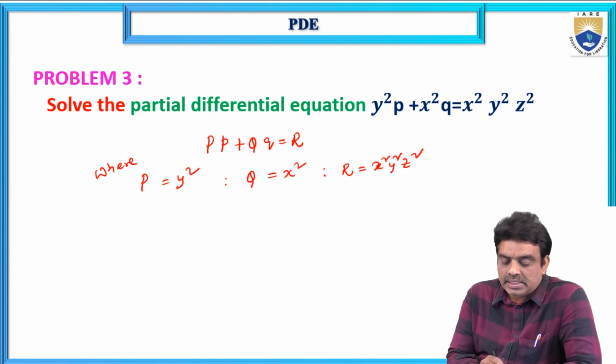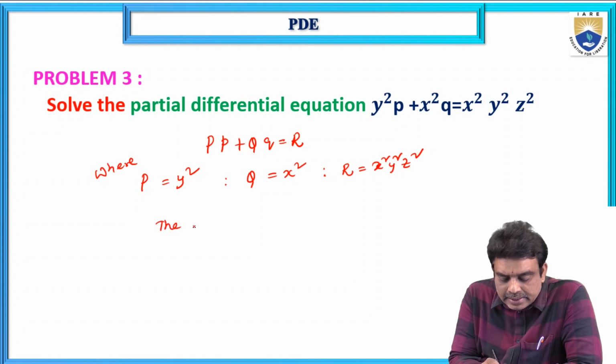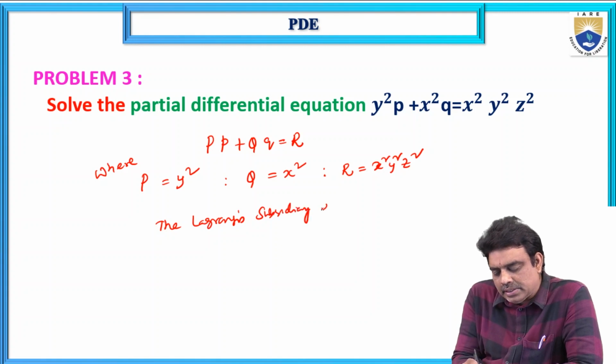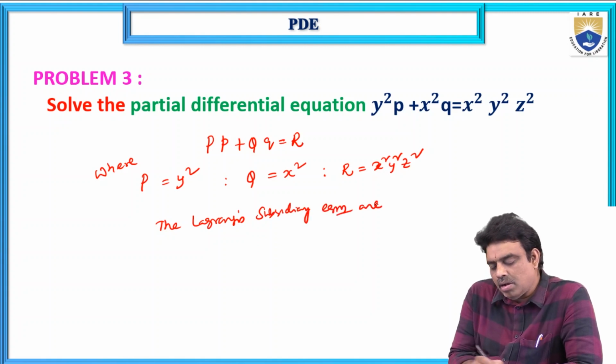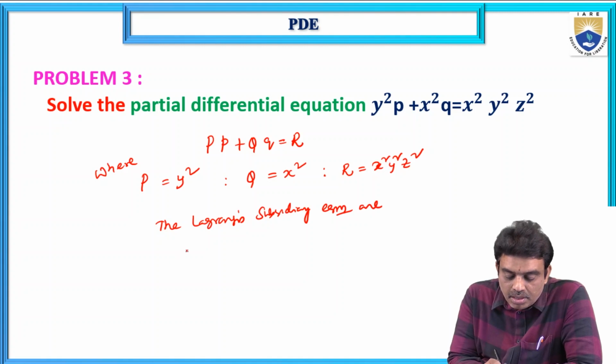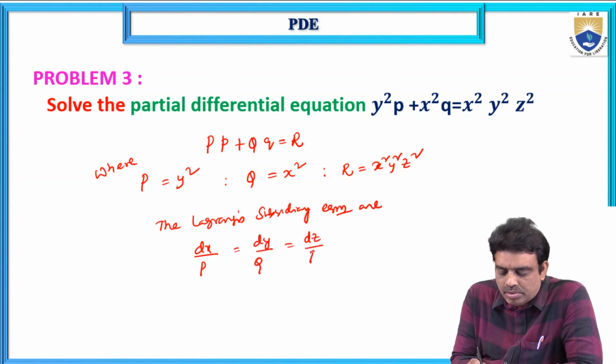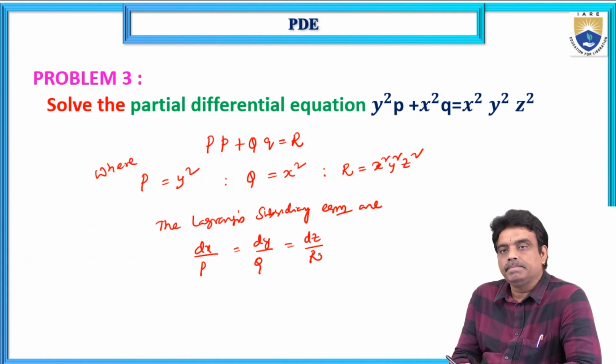So now how to consider the Lagrange's subsidiary equations are dx by P is equal to dy by Q is equal to dz by R.